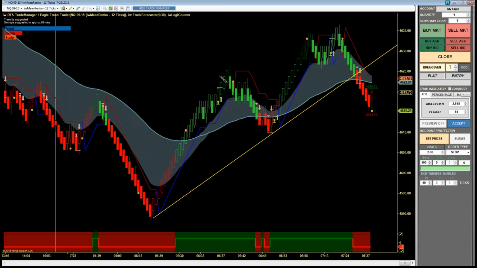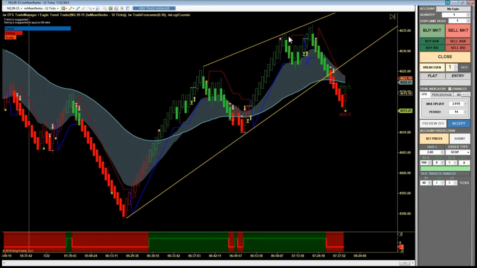So we've had a breach lower. We should expect a little bit of a rally here and another failure. That will give us our proper test of the extreme. Right?